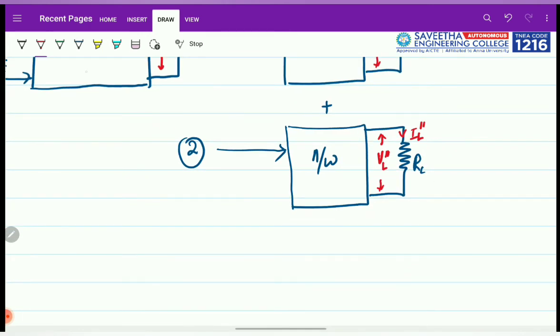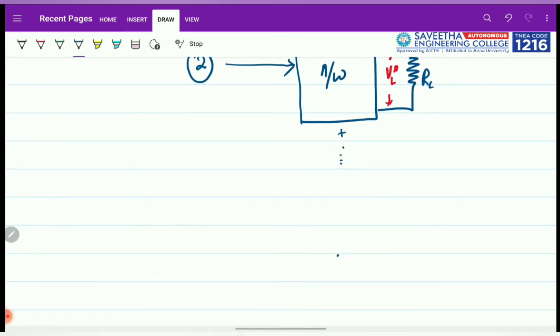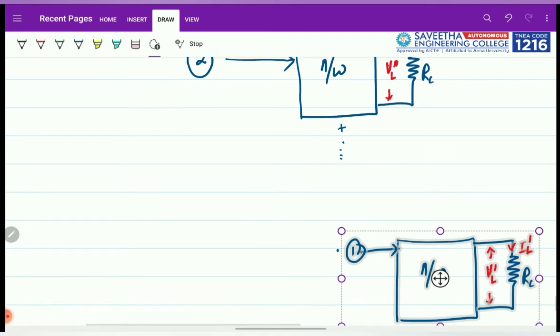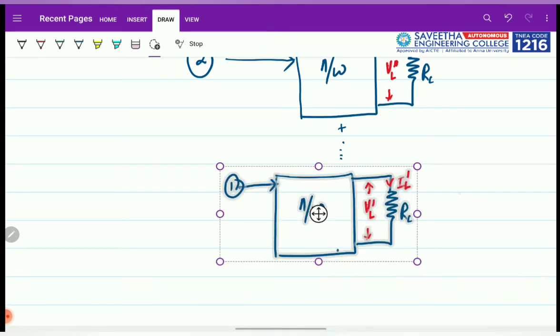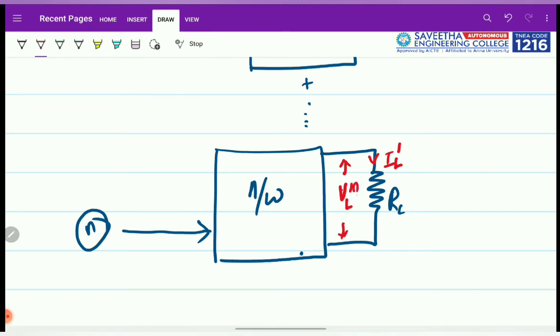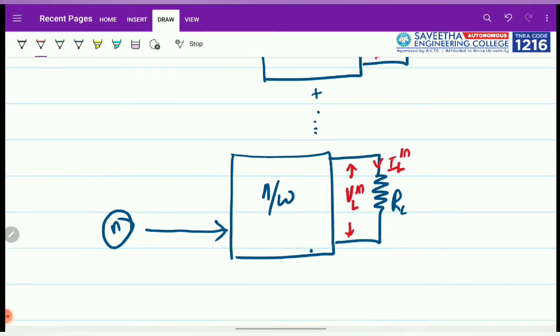Similarly, we will find it for n number of sources. Then finally we will add them.